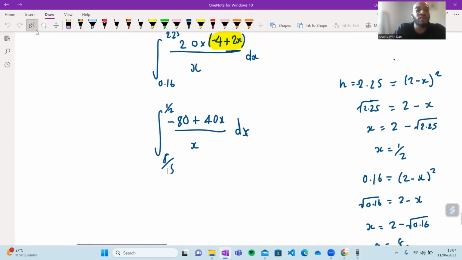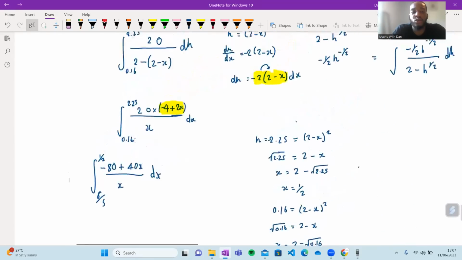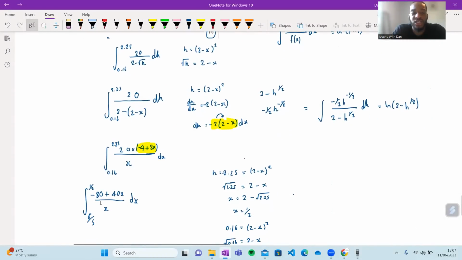Now with this one here, just a quick one. Sometimes you can get, if you notice, 1/2 is smaller than 8 over 5, but it's on the top. Why does that happen? Sometimes you can have that. There's a little trick, there's a little formula. I don't know if you need to know it for your specification now.